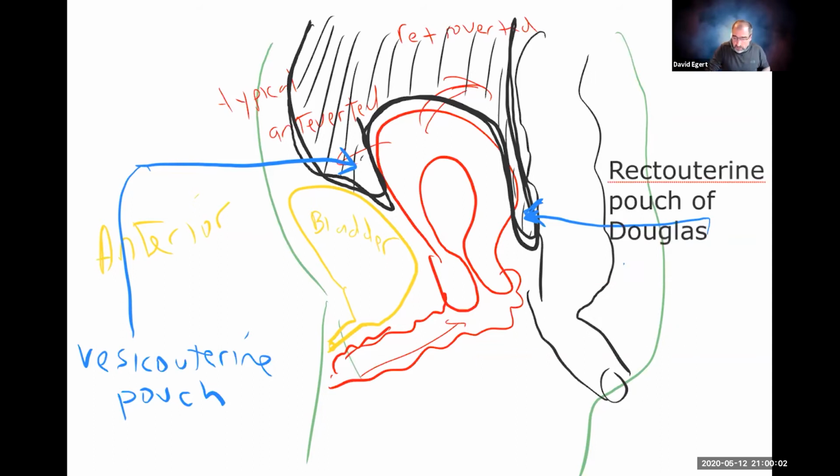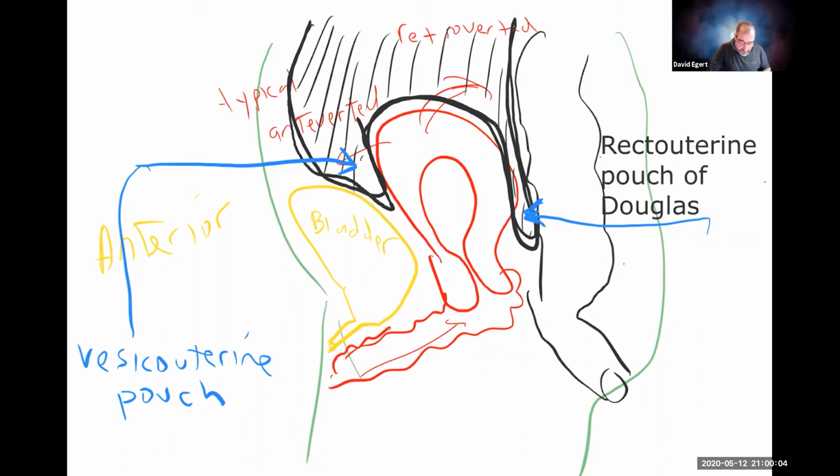It is the lowest point in the whole abdominal pelvic cavity. So if things are going to settle in, or there's some infection or whatever, this is the low point of gravity in the entire abdominal pelvic cavity in a woman, this little rectouterine pouch of Douglas.